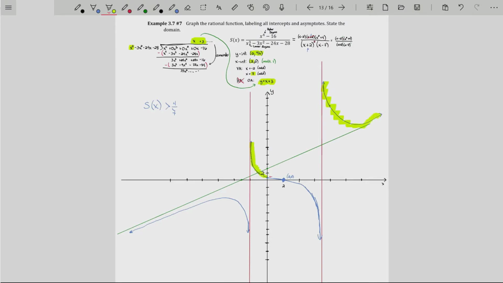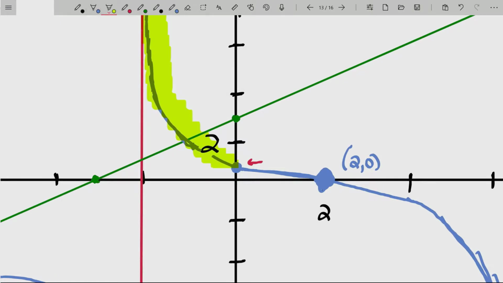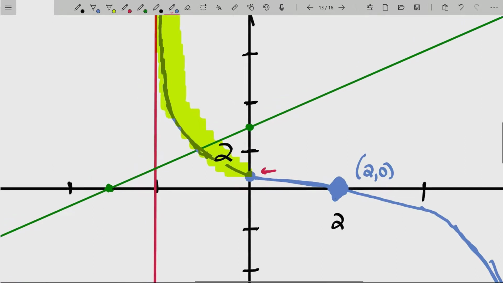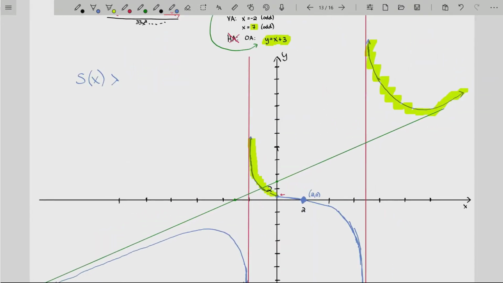But to be honest with you, I think that's a bit of an unfair question because of one simple yet elusive concept, which is that you're not 100% sure if your function went up a little bit and then came down. You have no clue. So that's a very unfair question. It's really almost always going to be, when is it greater than or less than 0, or greater than or equal to 0, or less than or equal to 0.